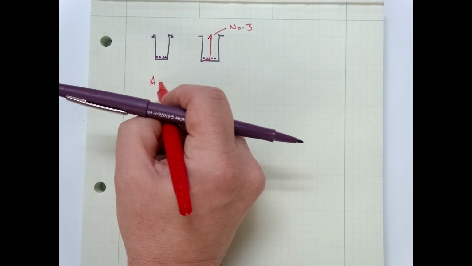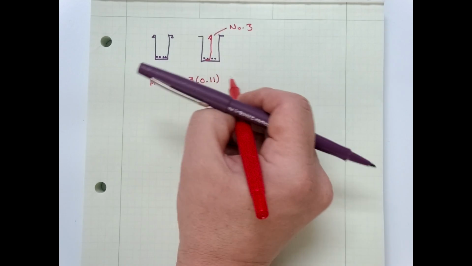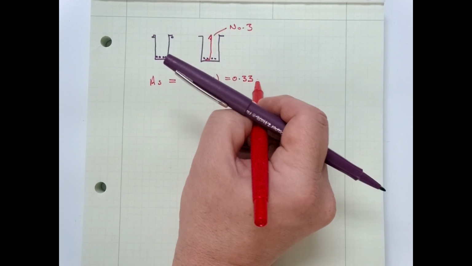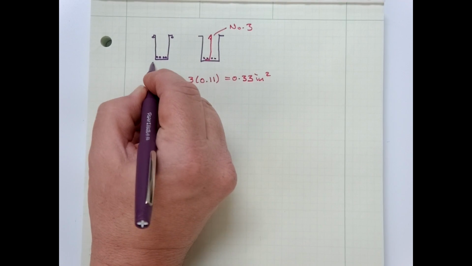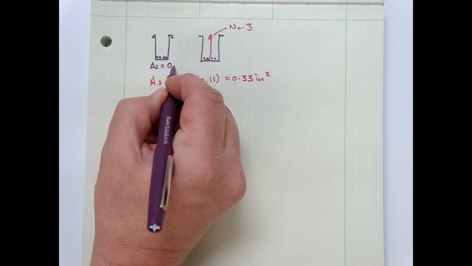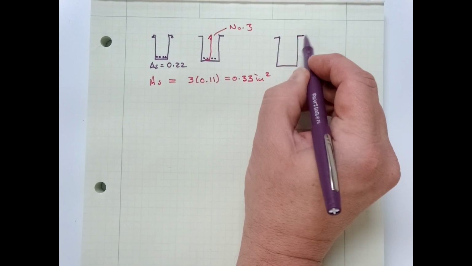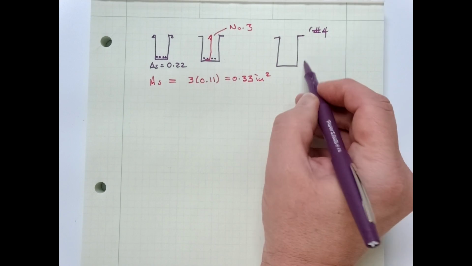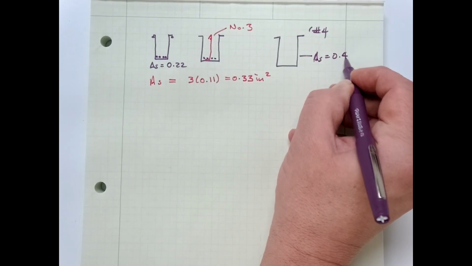So now our area of steel is equal to 3 times 0.11, which is 0.33 square inches, as opposed to this, where area of steel is equal to 0.22 square inches, and this, number 4 stirrup, where the area of the steel was equal to 0.40.